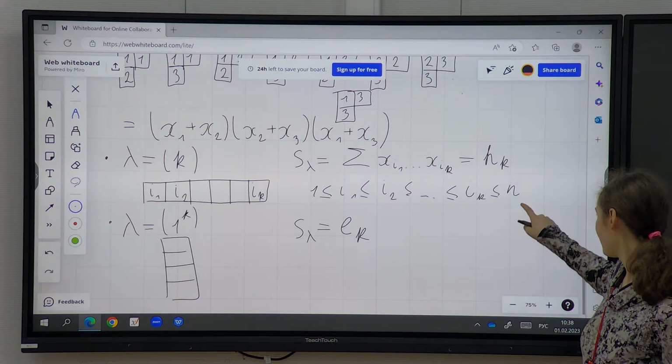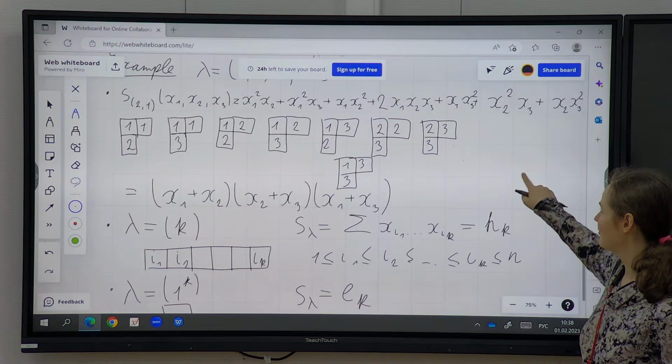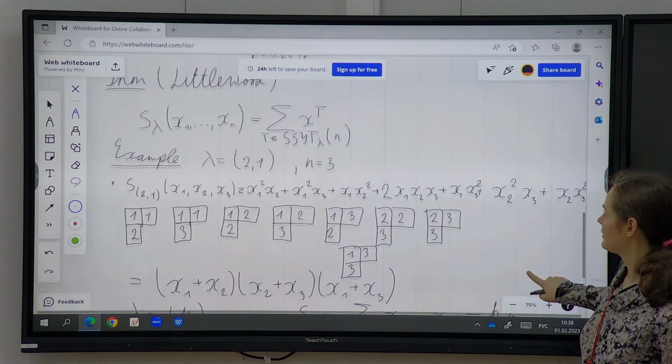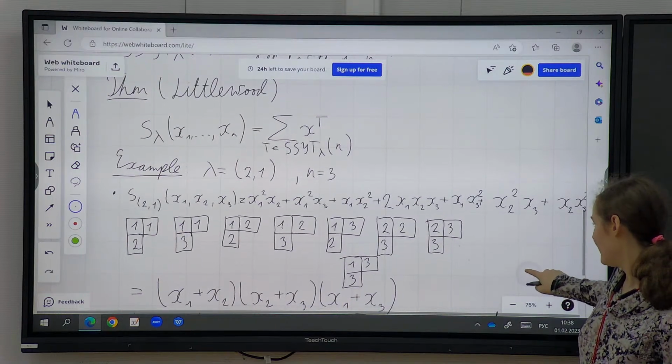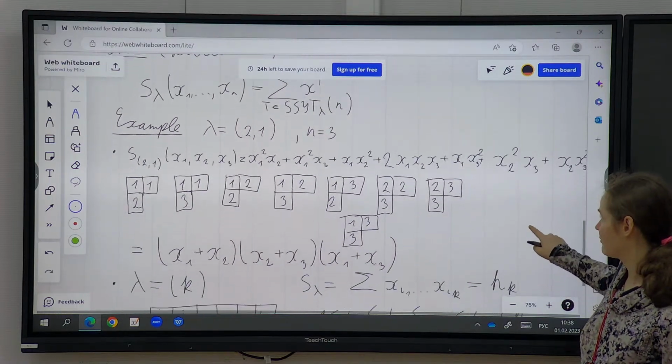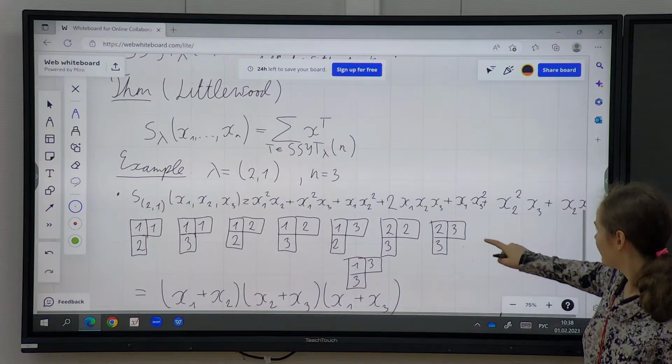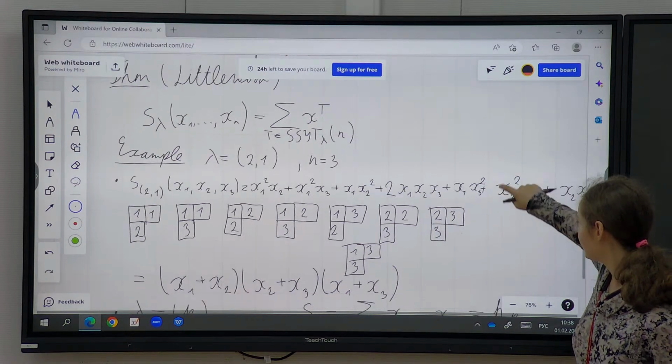So, okay, Littlewood theorem works in some easy cases. So our goal today is to prove it in the general case.